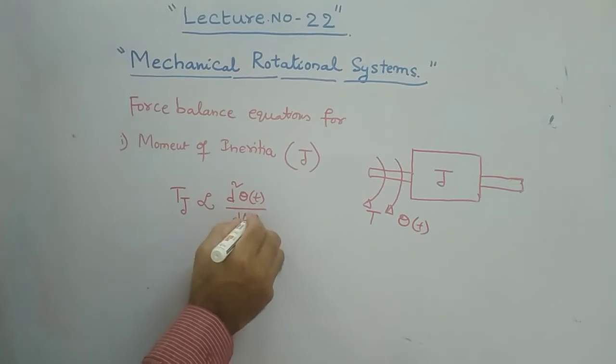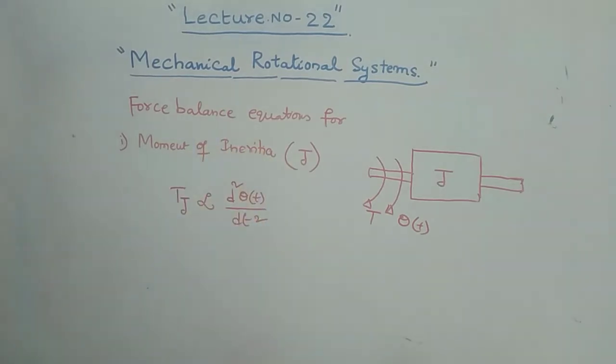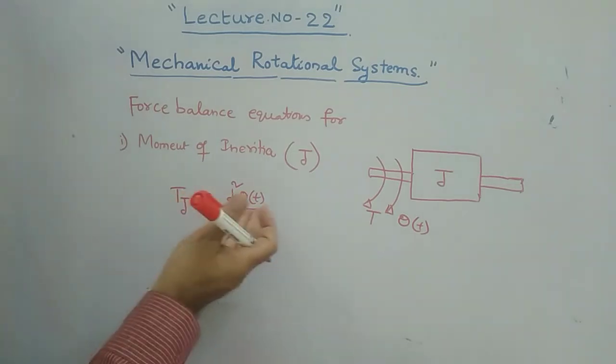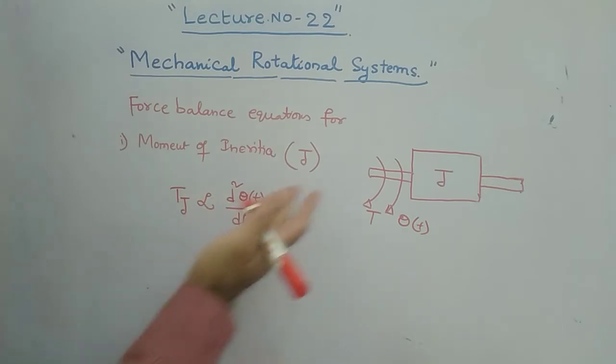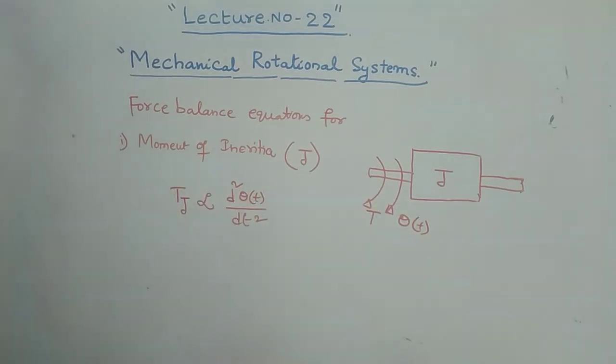As we have seen in the same expression in the translational system, as per Newton's second law, here instead of d square x by dt square, we have d square theta of t by dt square.